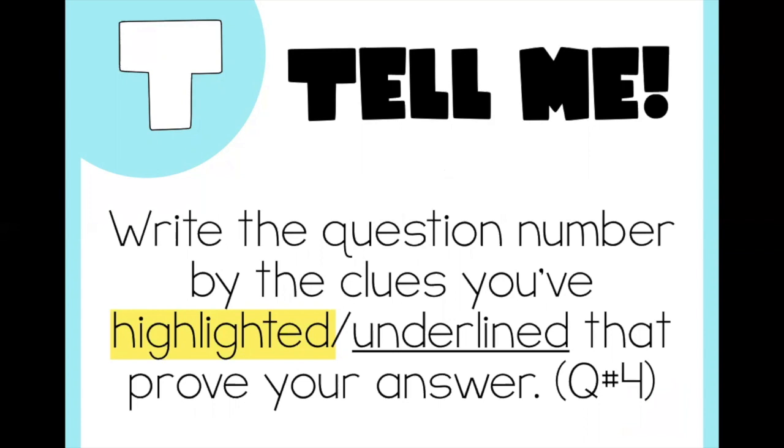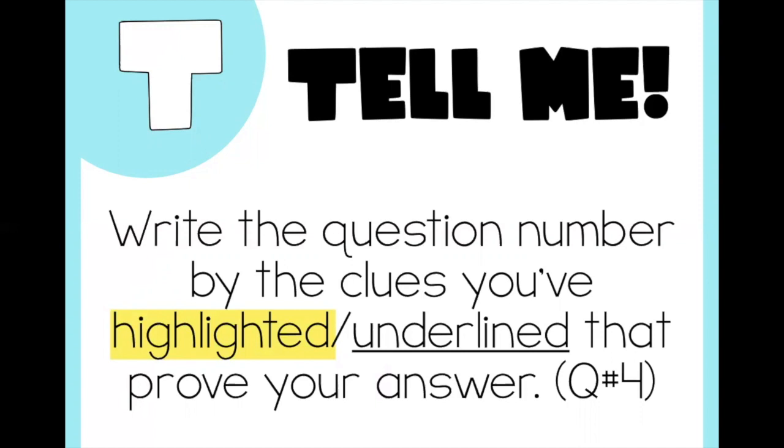Whatever you highlighted, I need to know what question it is helping you answer. If you don't like to highlight, that's fine. If you want to underline things instead, that's totally fine with me too. As long as you are going back in the passage and proving your answer in some way and marking the question number that that proof is going with.